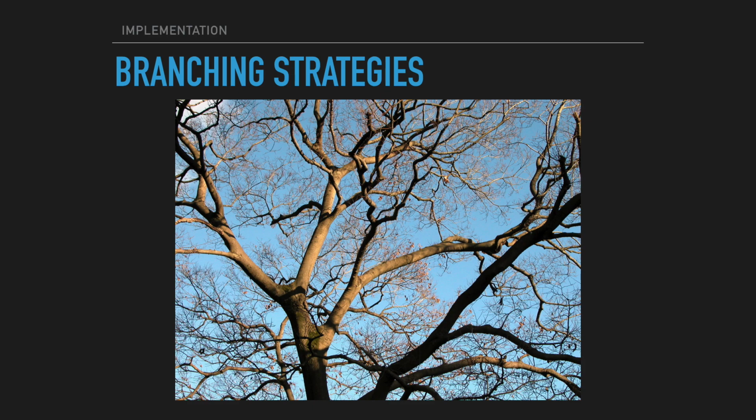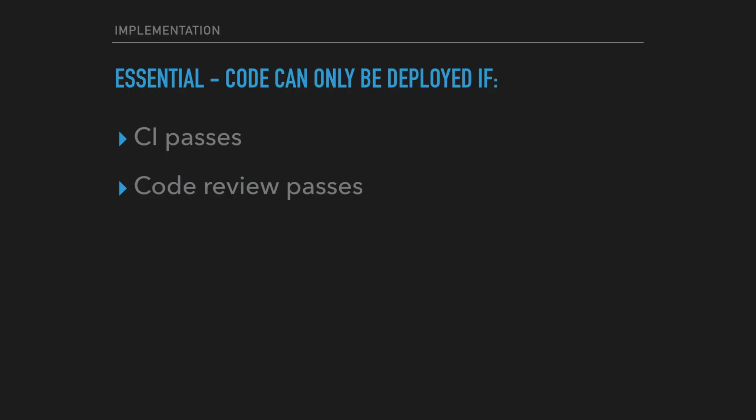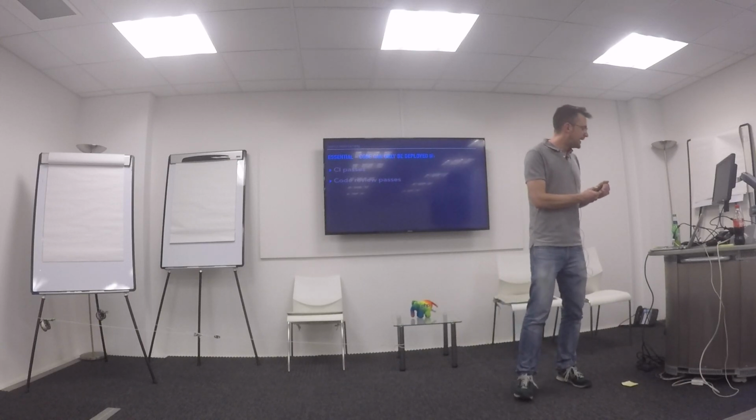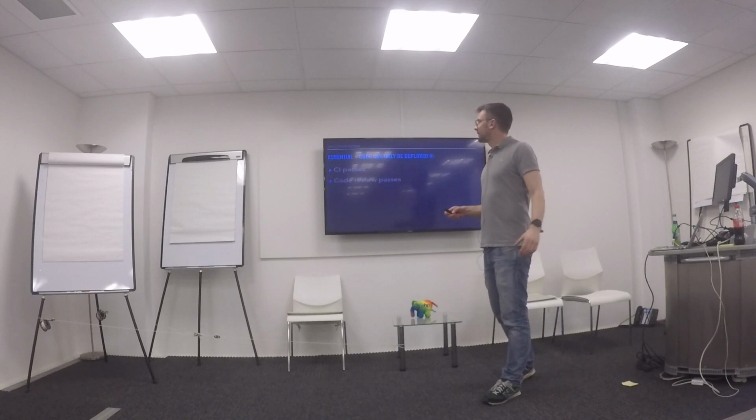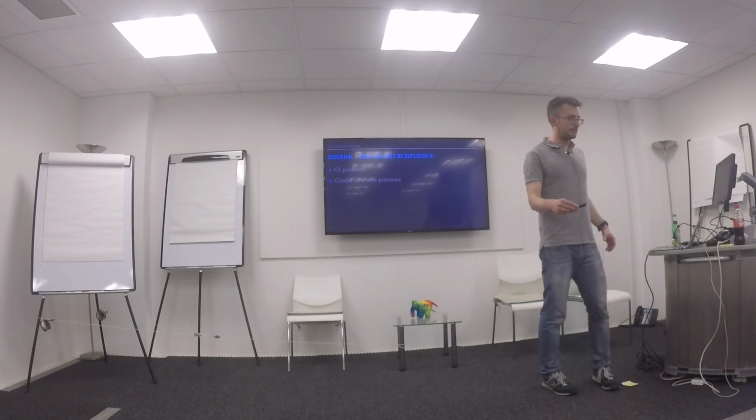There's lots of ways of doing this. We're going to look at one simple branching strategy, which is called the pull request. But before we do that, what we're trying to achieve, and it doesn't really matter how we achieve it, is that code can only be deployed to a live system if all our continuous integration stuff passes, all of our tests pass, and the code review passes.